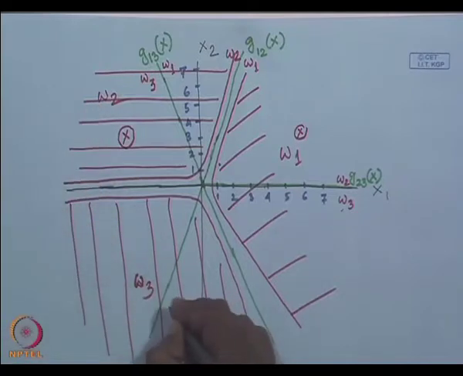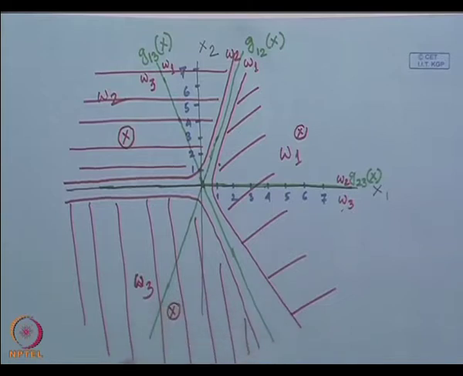And if I have an unknown feature vector which is here, this unknown feature vector will be classified to class omega 3. So, from these different discriminating functions, when I get the decision boundaries, they divide the space into three different subspaces, where every subspace is allotted to one of the classes.